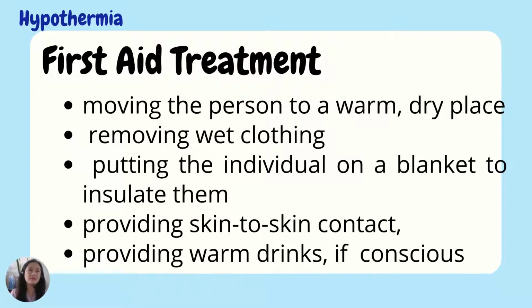You might provide some skin-to-skin contact, for example back to back, or you can rub your hands and then put your hand on his head or his body to provide heat. And lastly, if the victim is conscious, you might provide him with warm drinks. So those are the first aid treatment, the prevention, and the signs and symptoms of the different bodily conditions.